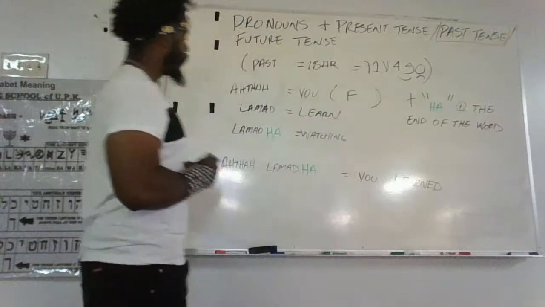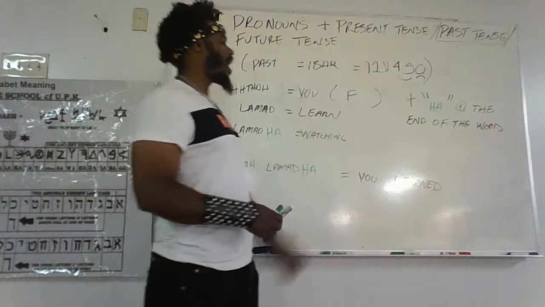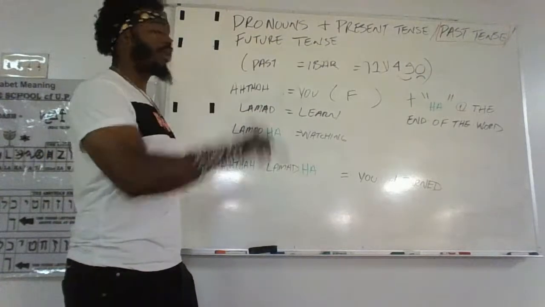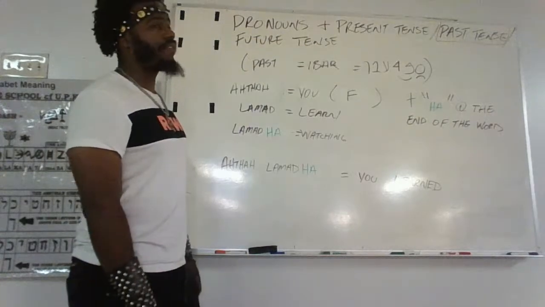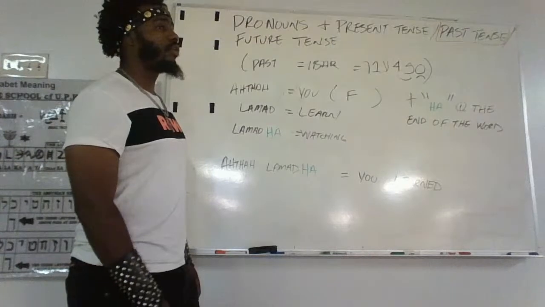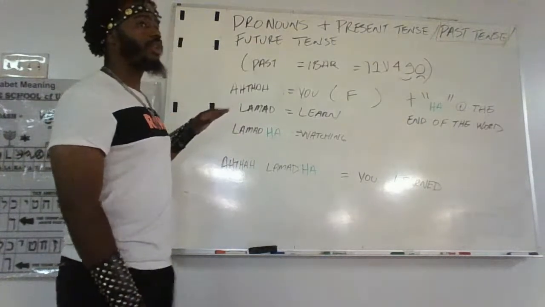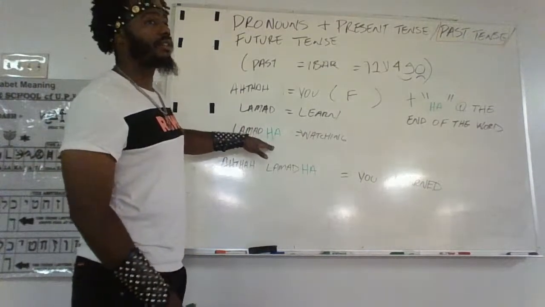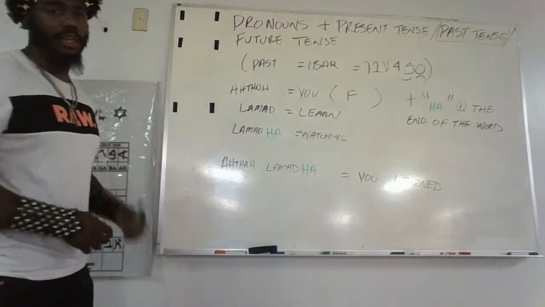All right. So the sentence would be Atha lamad ha, right? When you're talking to a woman, you learn, all right? So remember, there's always a caveat in the feminine sense, all right? So the feminine sense in this case, just like we were dealing with the present tense, all right, is ha, okay? All right, got that? All right, good.